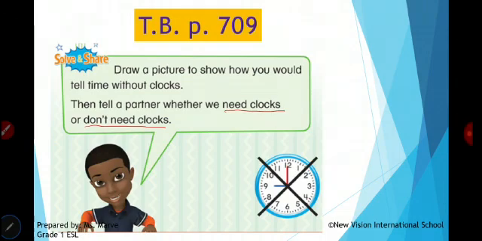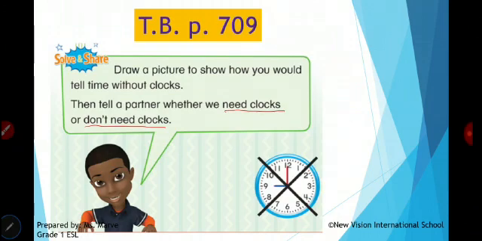Do you know what time you wake up? Yeah, maybe 6 or 7. How do you know when it is 7 o'clock? Maybe your mom and your dad wakes you up. If you couldn't look at the clock, how would you know it is time to wake up?